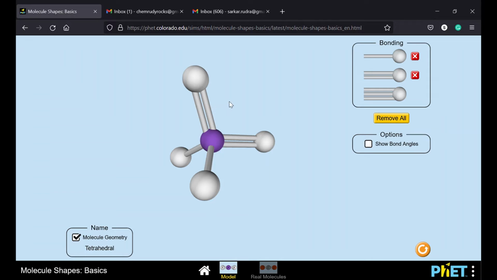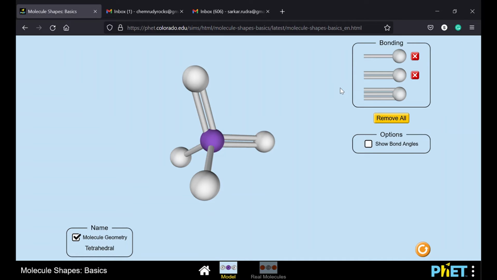So if I call this x, this angle y and that angle z, what will be the relationship between x, y, and z? According to VSEPR, multiple bonds repel more. So this will be the highest angle, followed by y, where there is a multiple bond and single bond repulsion, and then we have the single bond repulsion.